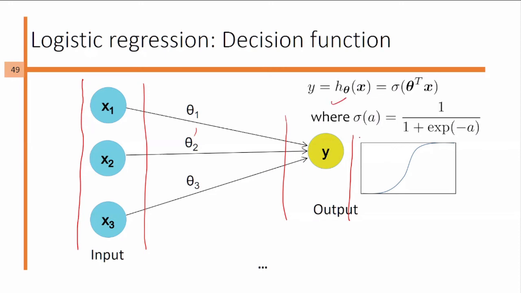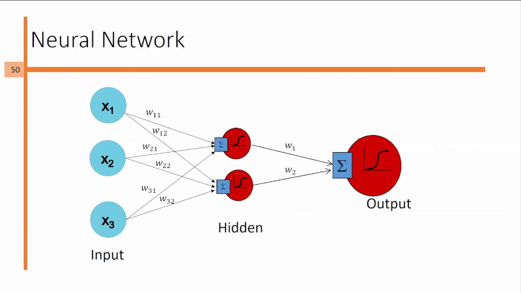Now, when we look at neural networks, there is a third layer present, which we call the hidden layer. So there's the input layer, the output layer, and the hidden layer.